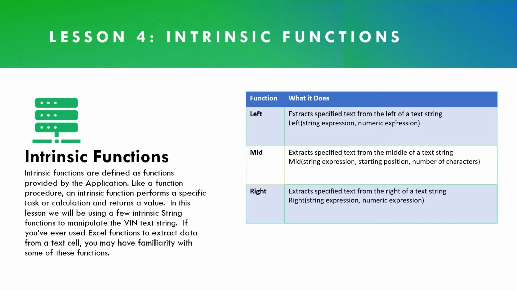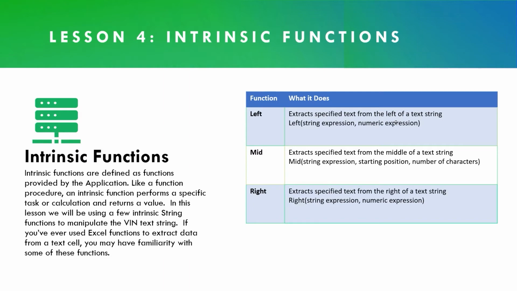We're going to use Left, Mid, and Right. So the Left function extracts specified text from the left of a text string. Its syntax is Left, and then you have to tell it what string expression, and then you give it a numeric expression. Don't worry about memorizing this. I will walk you through it when we're ready to go back to Visual Basic Editor.